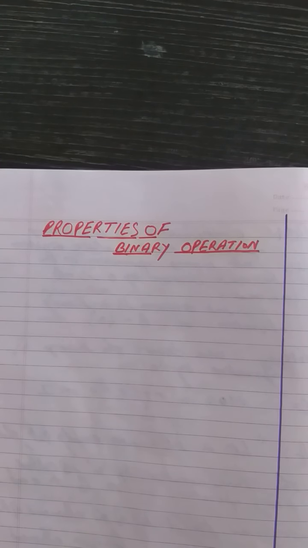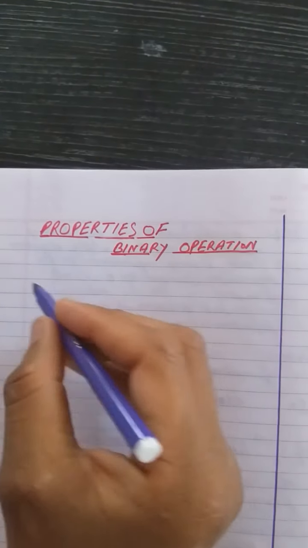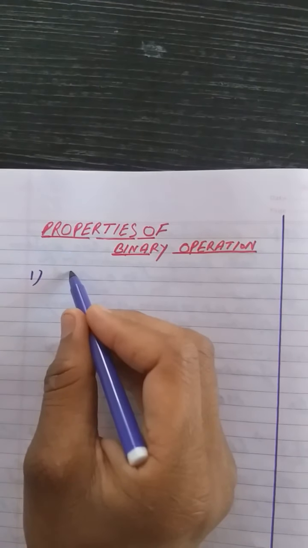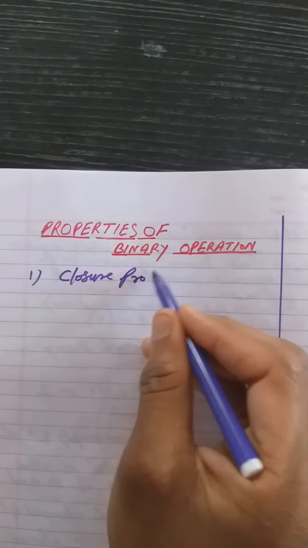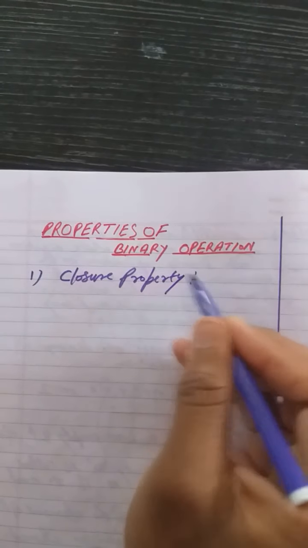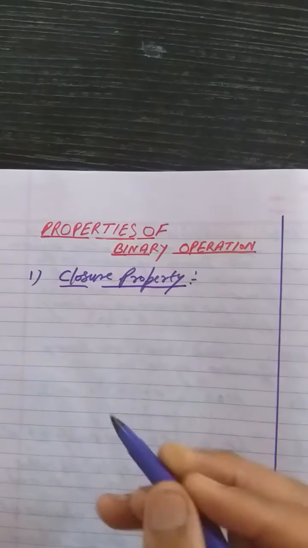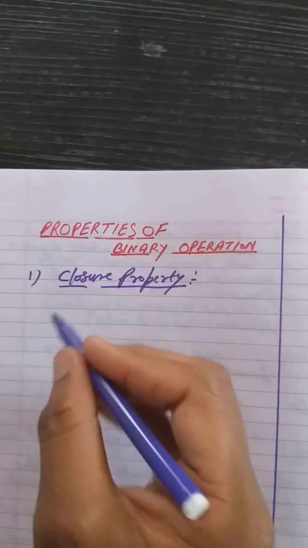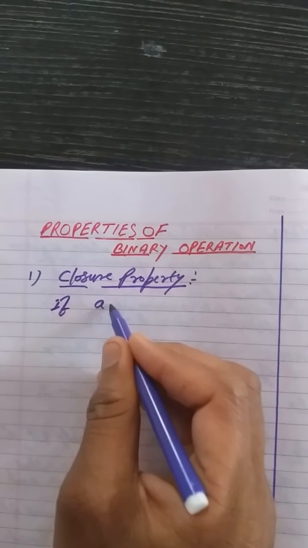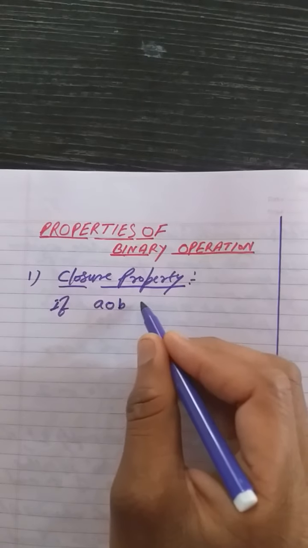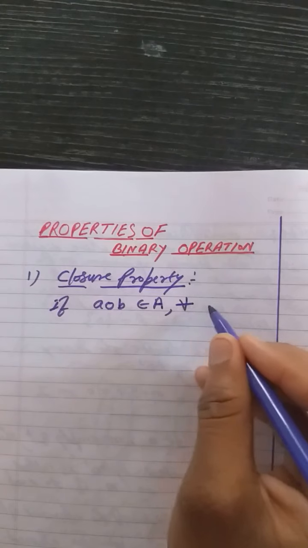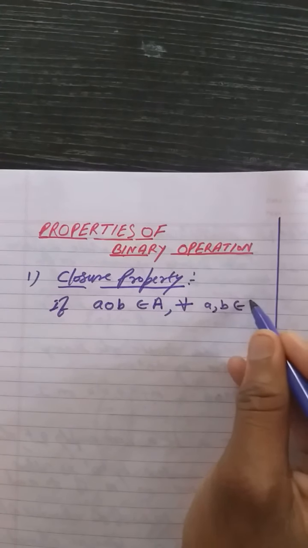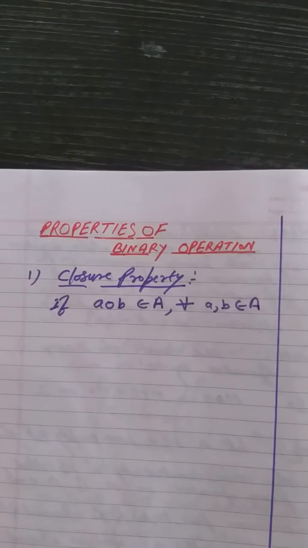Now, properties of binary operation. Number one, closure property. If a binary operation a O b belongs to set A for every a, b belonging to A, this is called closure property.